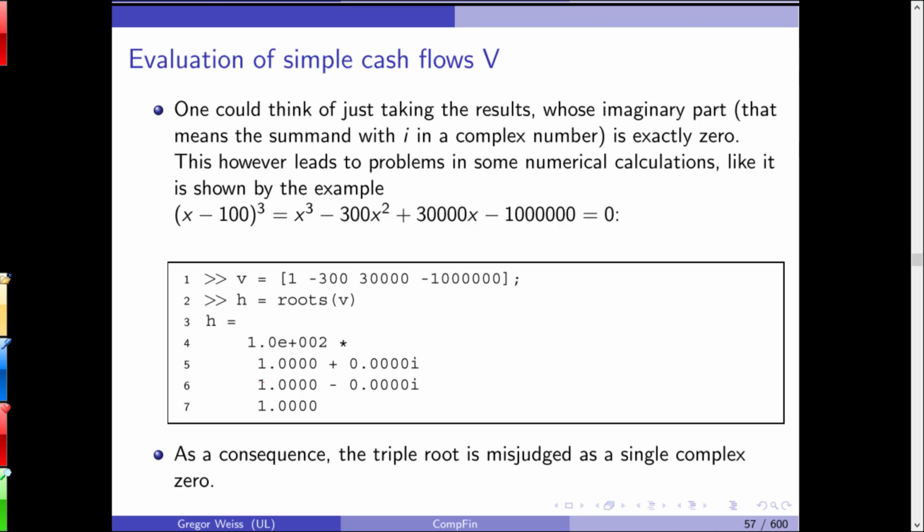So again, one would think, okay, I can leave out these roots, but no, the rounding error and the truncation error of this calculation leads MATLAB again to think that even though this is a triple root in the real numbers, MATLAB thinks that it can only solve this by digressing into the complex numbers.